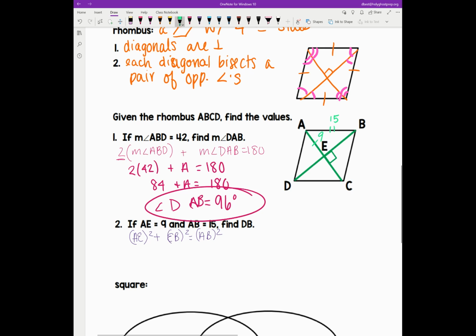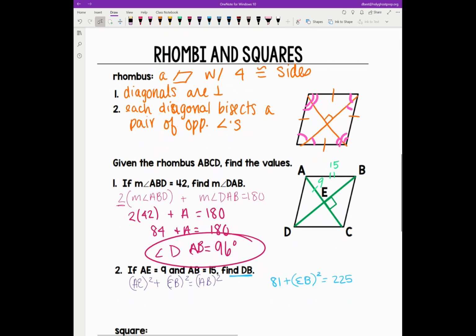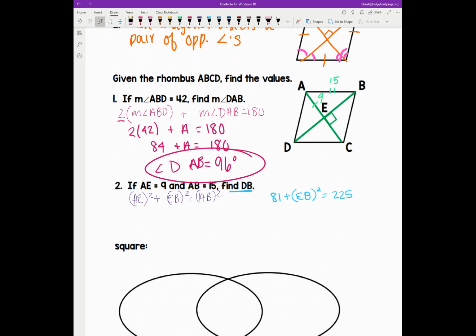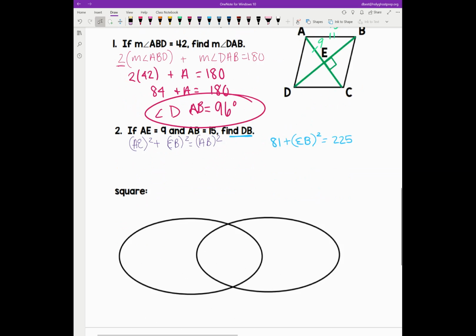Okay, so we can solve for EB. And then once you solve for EB, you can solve the second equation that says 81, and I'll let you figure out where the 81 came from, plus EB squared equals 225. And once you know EB, you can use that answer to find DB, because remember, the diagonals of a rhombus are going to be split in half, or the diagonals bisect each other because it's a parallelogram.